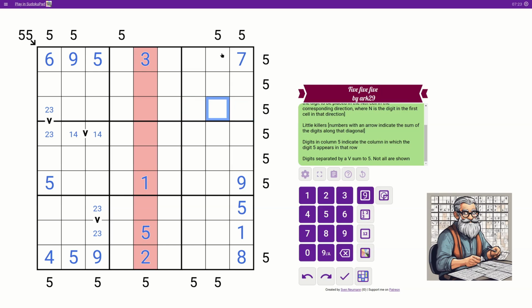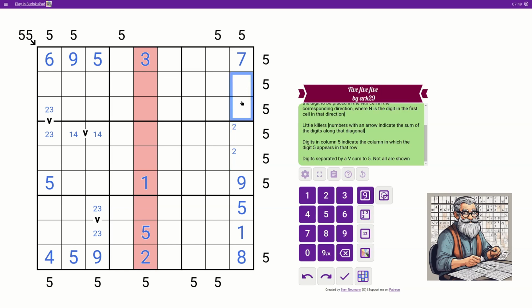So this would be 3. No, this can't be 3 either. Interesting. So this is not 2. None of these could be 2. If this is 2, this would be 5 and this would be 3. Okay, and this couldn't work either because we'd need 2, 2. Right, so one of these two is a 2.